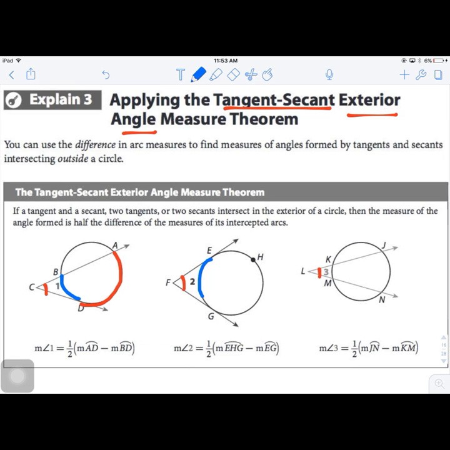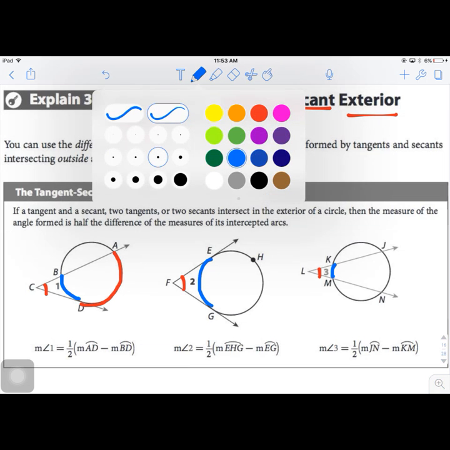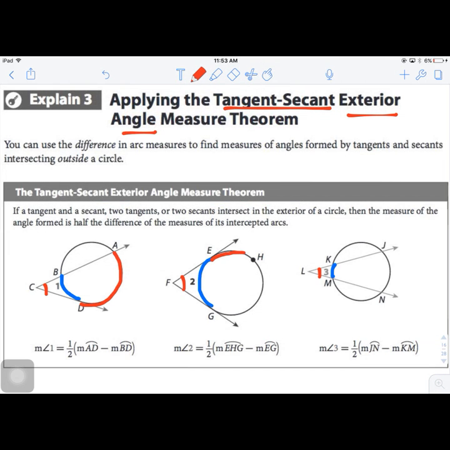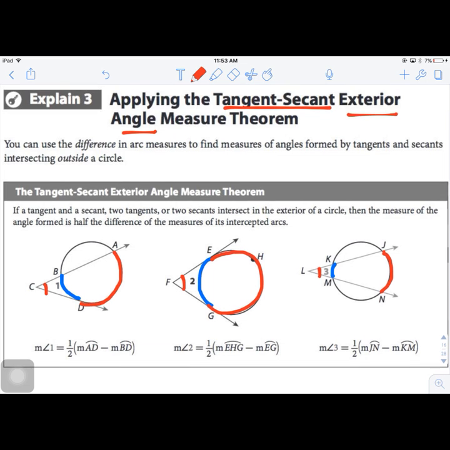And likewise here, this is the smaller piece, and the bigger pieces are here and here. So notice, even though it is three different scenarios, it's the same idea.